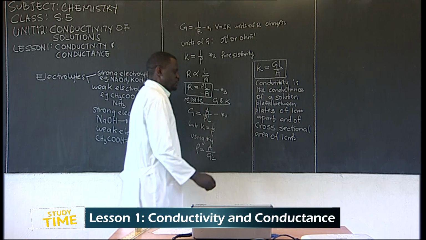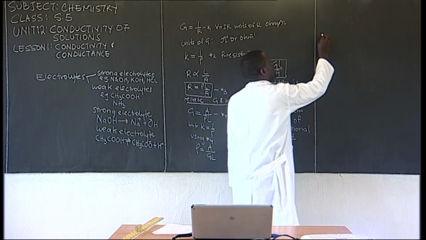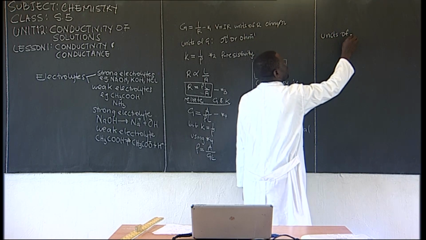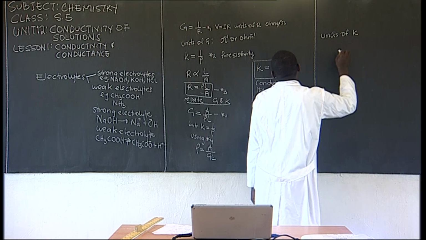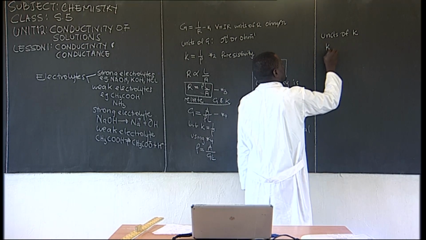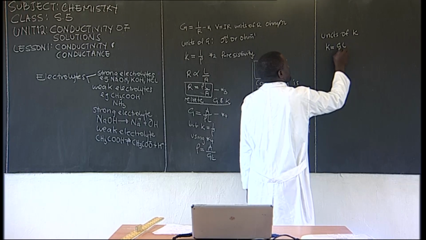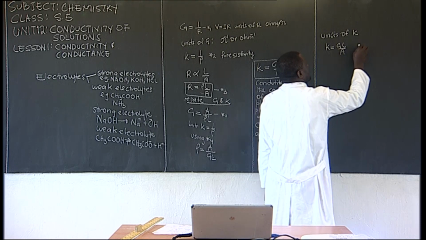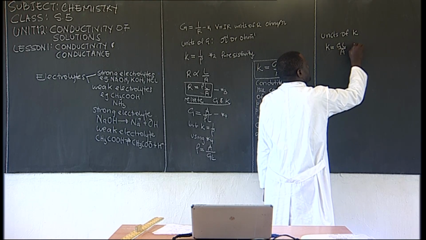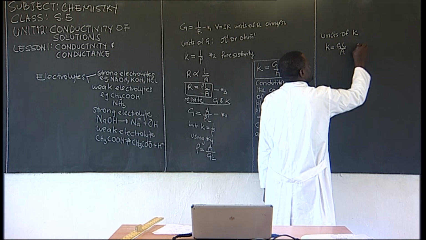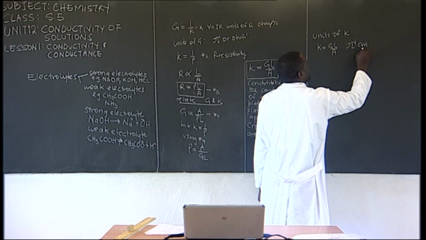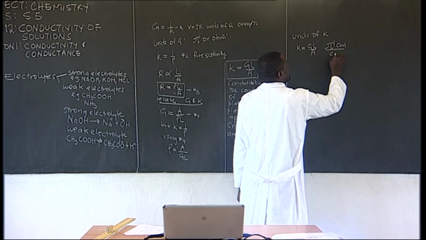So we can get the units of K. We know that this one is per ohm, then centimeter divided by centimeter squared.